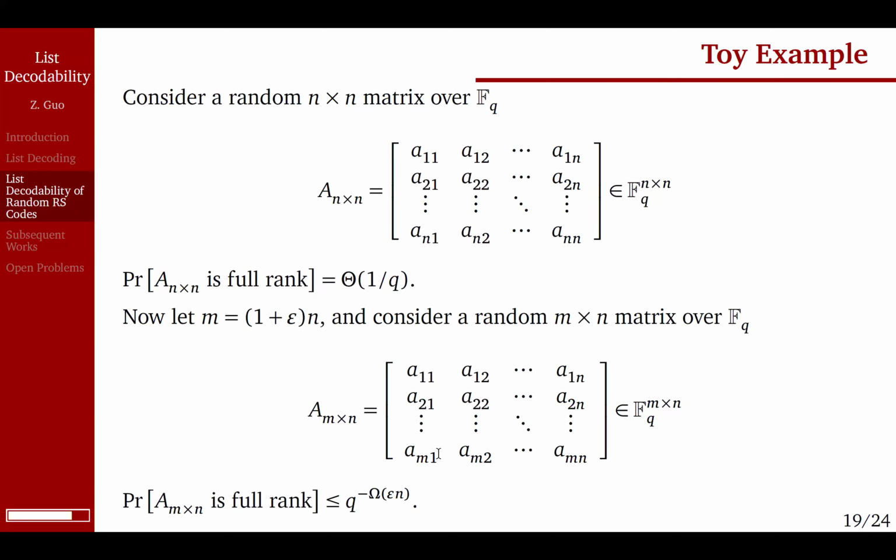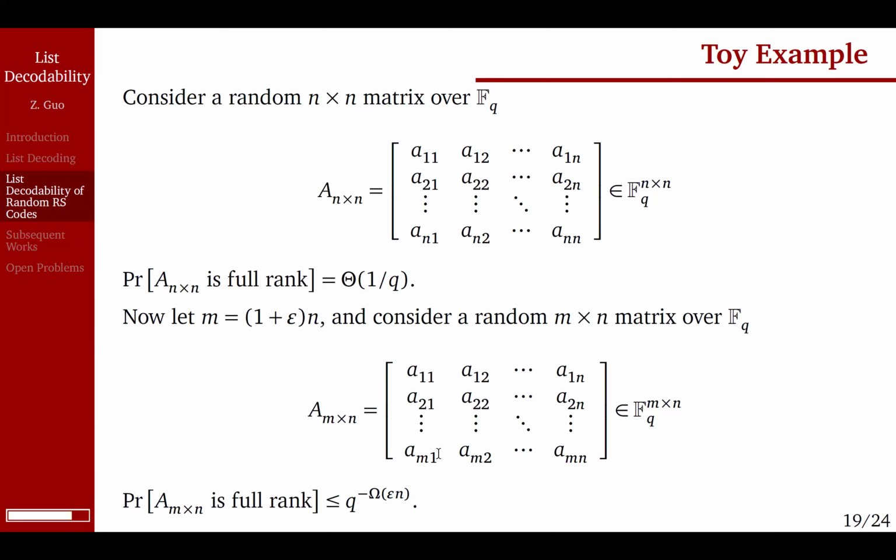Each time you pick a row, you could fail to increase the rank, but even if you choose a bad row which is dependent on the previous rows, you can just skip it; you can miss epsilon times. So the probability that it fails is bounded by something exponentially small, even if Q is small. That is basically the idea.